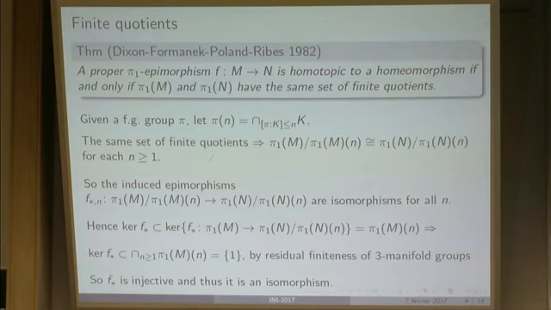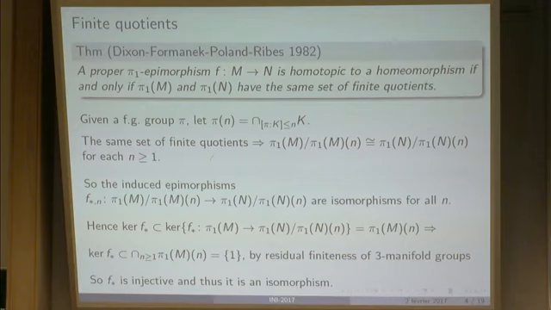But because here you have an isomorphism, the kernel of this epimorphism is exactly the characteristic subgroup. So the kernel of your original epimorphism is contained in the intersection of these characteristic subgroups, which is 1, because your group is residually finite. And so you get that this epimorphism is injective, and thus an isomorphism, and from the geometrization it will be homotopic to a homeomorphism.